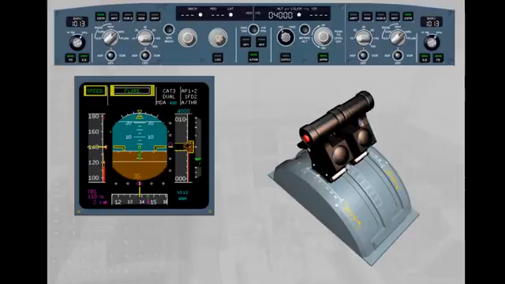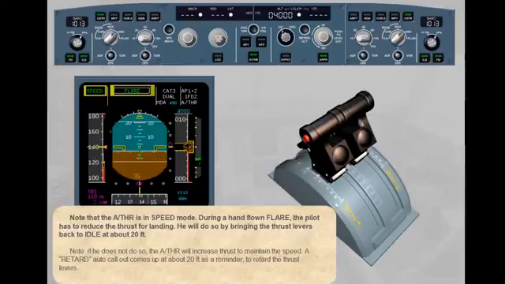He will do so by bringing the thrust levers back to idle at about 20 feet. Note, if he does not do so, the autothrust will increase thrust to maintain the speed. A retard auto call-out comes up at about 20 feet as a reminder to retard the thrust levers.